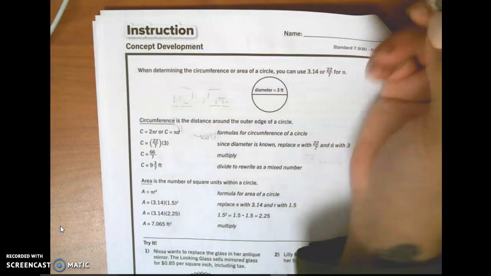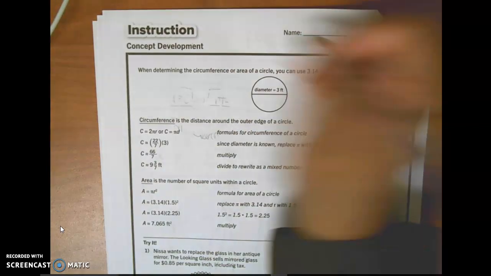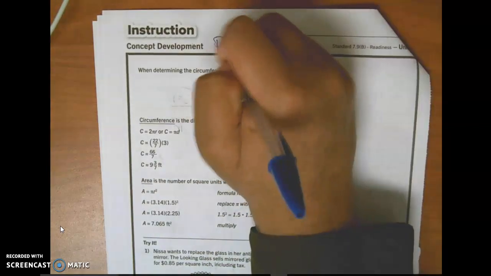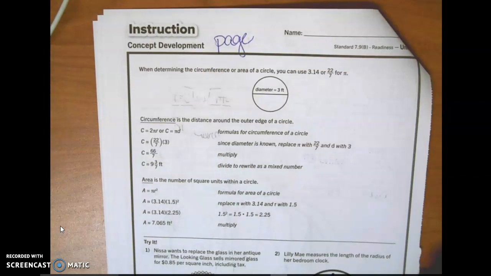All right, let's go into the notes on page 240. It says, when determining the circumference or the area of a circle, you can use 3.14 or 22/7 for pi.